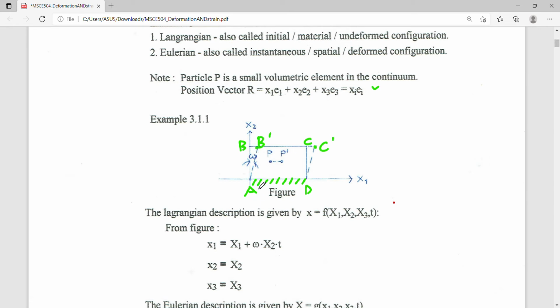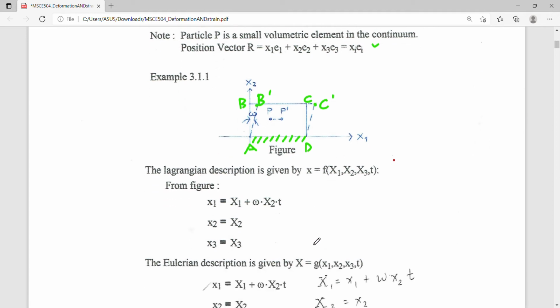Hence, for very small deformation, we assume that AB and AB prime subtend an angle omega, which is an angular displacement that describes the shear strain of the body ABCD in the original state and AB prime DC prime in the final state, or simply the Lagrangian state and the Eulerian state respectively.